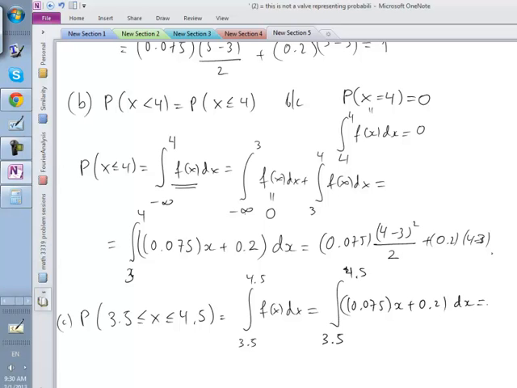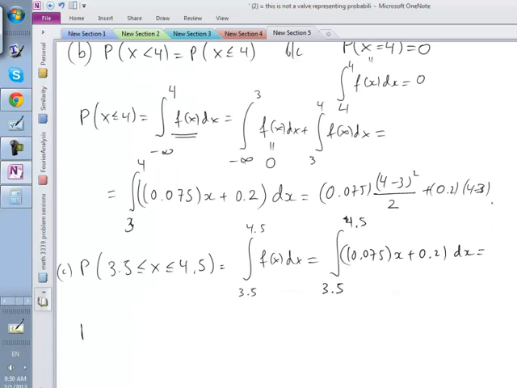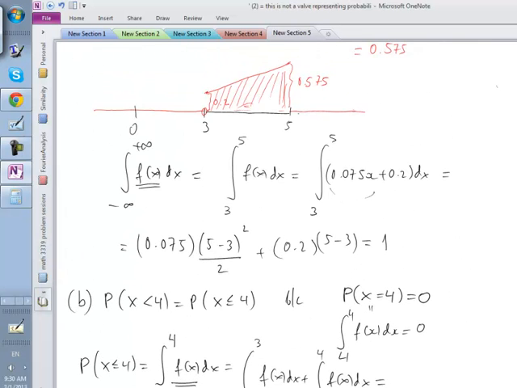and do this calculation. Now, if for example you had to calculate the probability that x is between 3.5 and 6.2, since 6.2 is greater than 5, it falls outside of the interval 3 to 5. It's somewhere here, that's where 6.2 would be, let's say. Then I have to break the integral in two parts: the one between 3.5 and 5, and the other from 5 to 6.2.